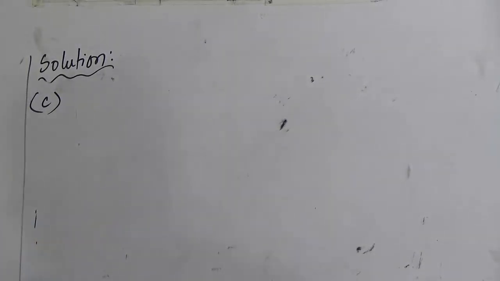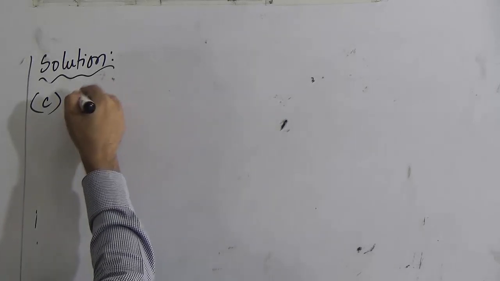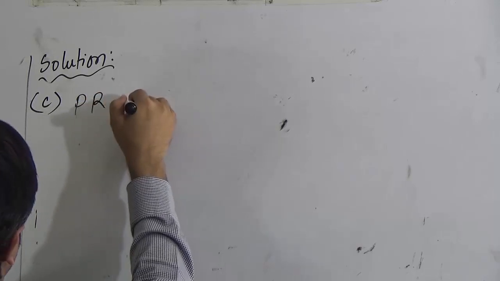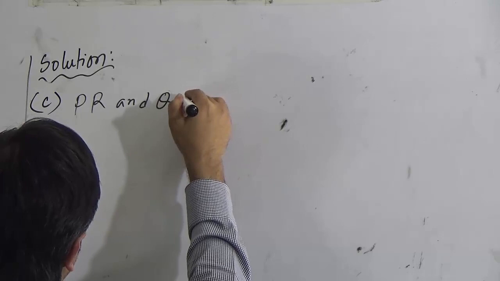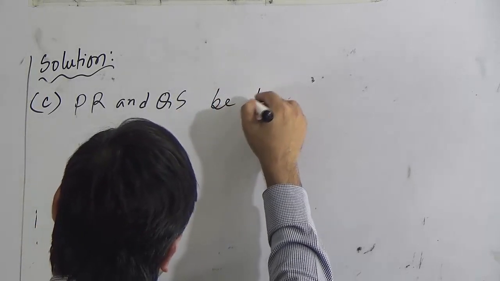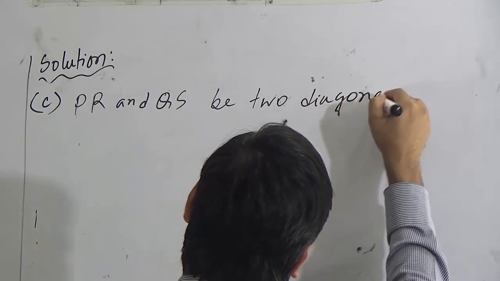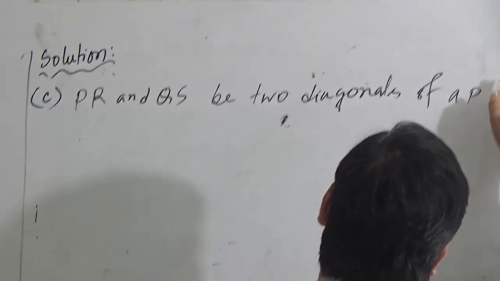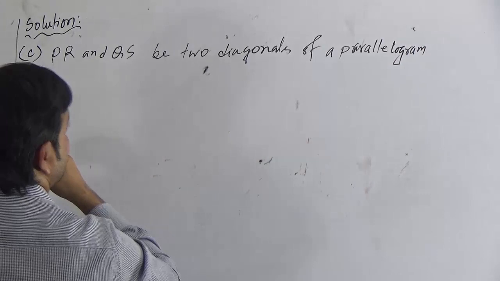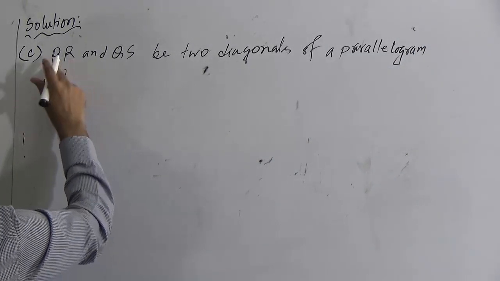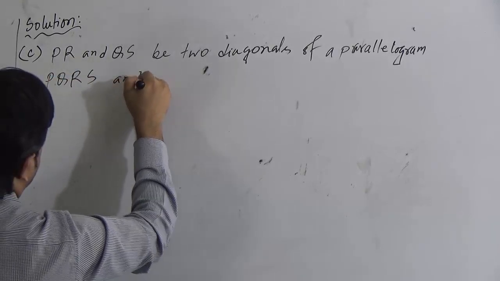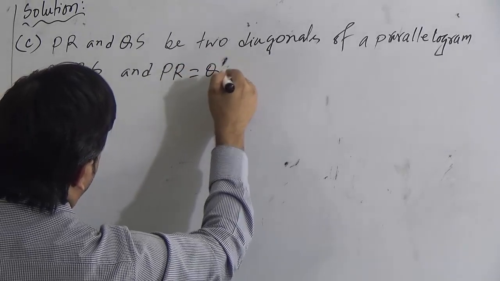We can write here: let PR and QS be two diagonals of a parallelogram PQRS, and PR is equal to QS.